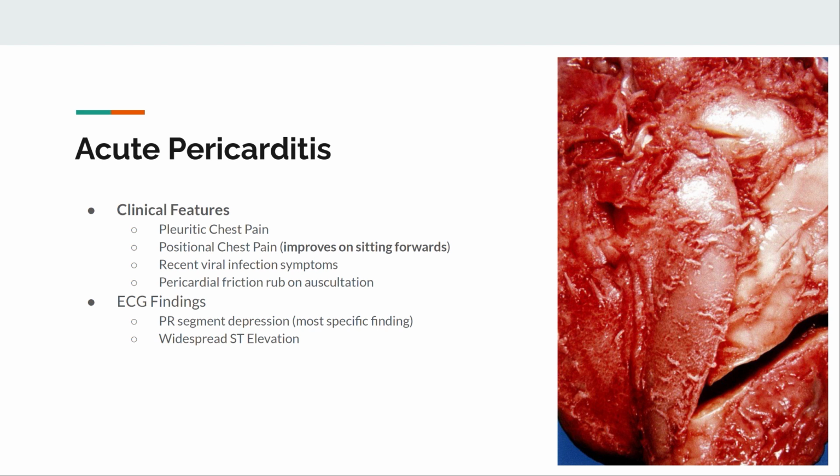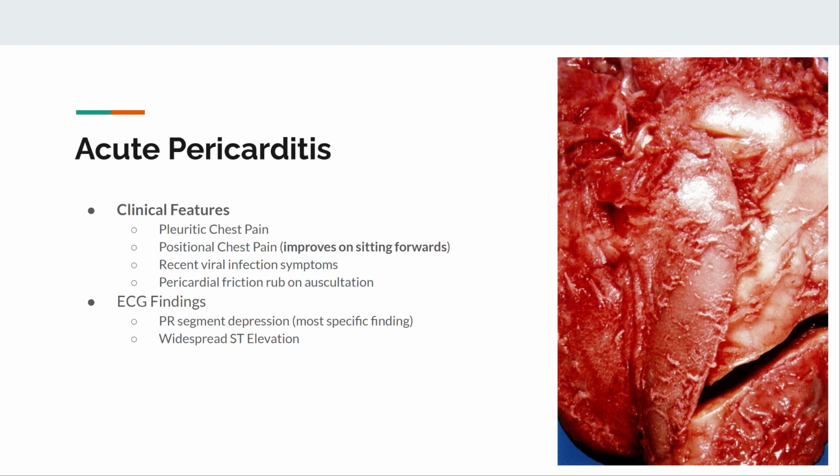Of course, something like esophageal reflux is also kind of positional. If you sit up in bed, the reflux will get a bit better because of how the sphincter works relative to gravity. But it's just good to keep in mind that in someone with acute chest pain who's young, who's just had a virus, if that chest pain gets better on leaning forward and gets worse when they take a deep breath, there's a chance that could be pericarditis.